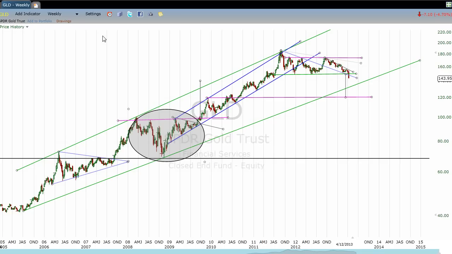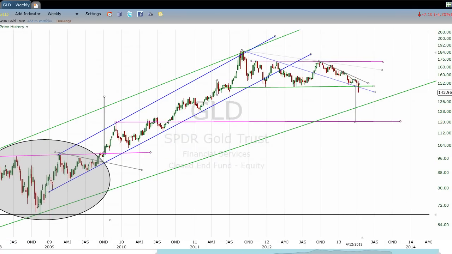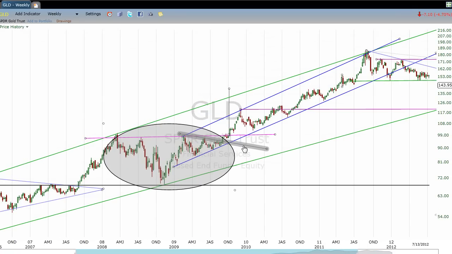The clue to this, by the way, if you see this little trend line right here, the clue was when gold made it over that little gray line. Let me zoom into that just a little bit. There's that gray line. The clue was when gold got over that line.